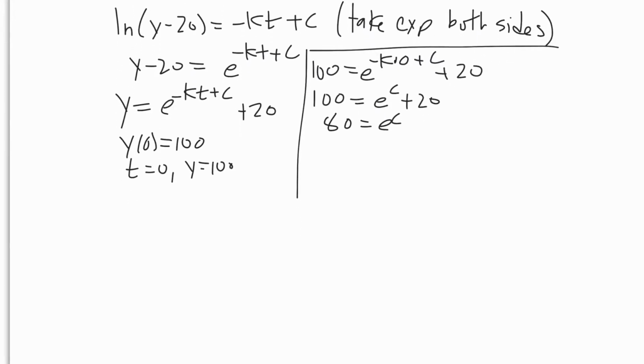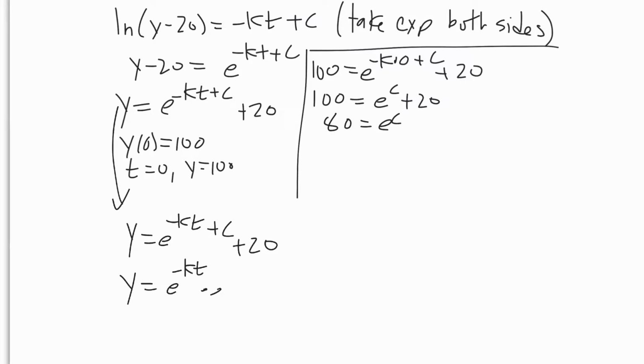When I go back to my equation here, I have y equal to e to the minus kt plus c, plus 20. And I can use exponent rules to write that as e to the minus kt times e to the c, plus 20. If we have addition as our exponent, we can turn that into multiplication with the same base, of course.